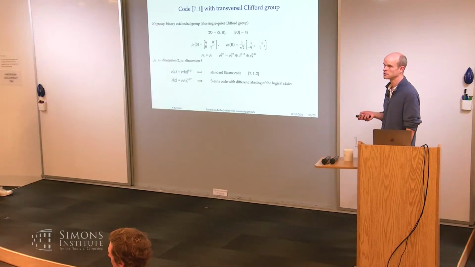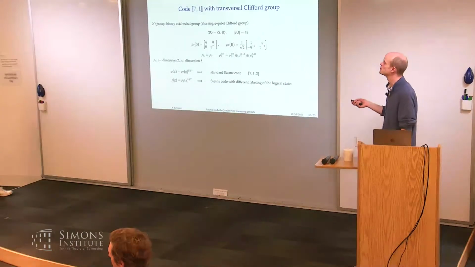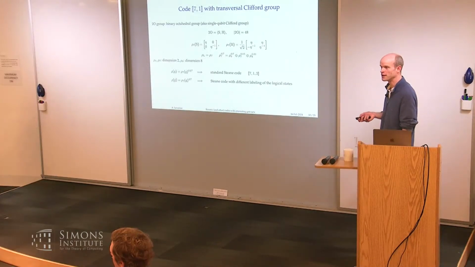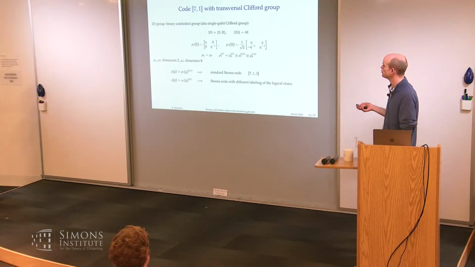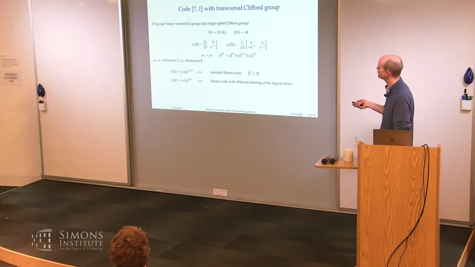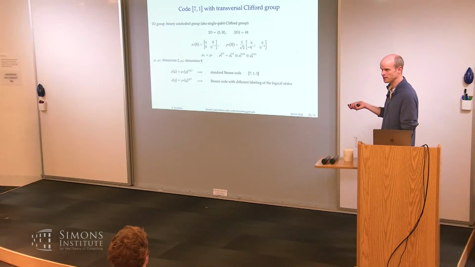But for these other ones, yeah, you need to look. What does it mean to look? Did you come up with a cost function and optimize it? No. Here, I know what I want. For the standard Steane code, I know what the logical zero state is. Oh, I see.